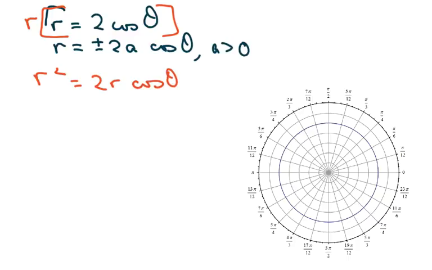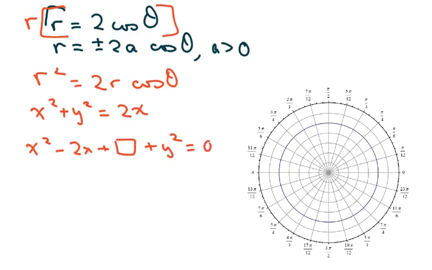When I write this out, I'm going to get r squared is x squared plus y squared equals 2x. So I'm going to move everything over. X squared minus 2x. I'm going to have to complete the square here. Plus y squared equals 0.